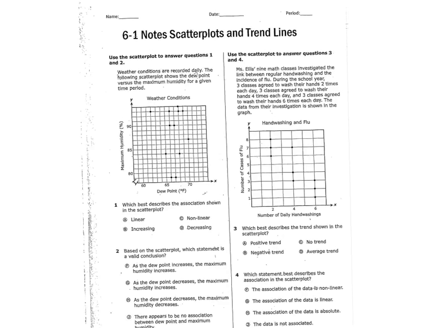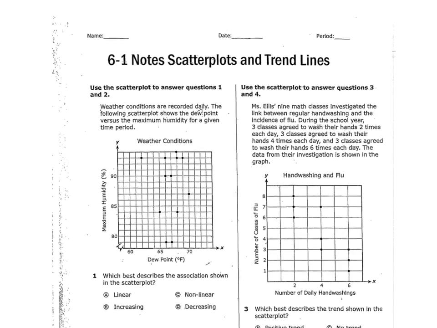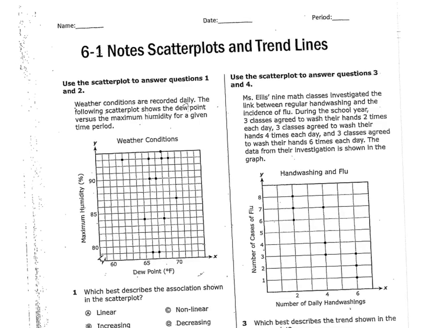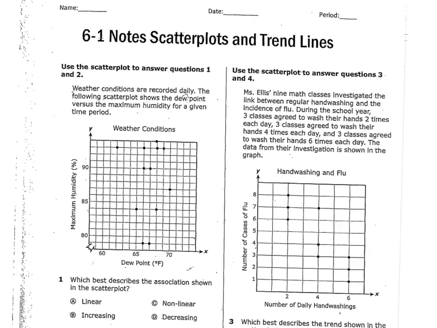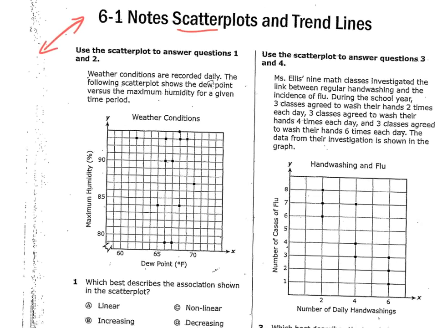Okay, we're going to look at scatter plots and trend lines, which is really just graphs. We're still looking at graphs except for scatter plots. Instead of having a straight line typically, like we've been looking at linear equations where there's an actual straight line on your graph, it'll be more scattered, hence the name scatter plot, where it just looks like a bunch of dots everywhere.